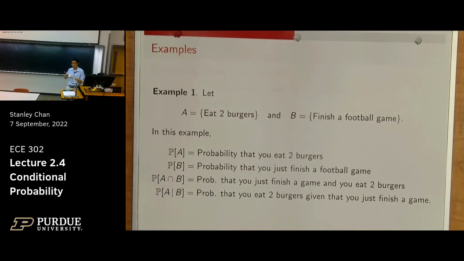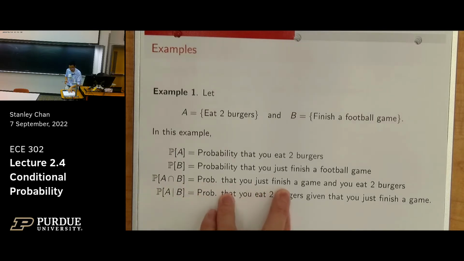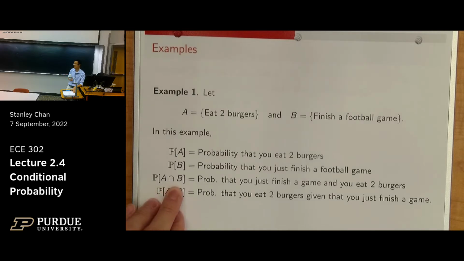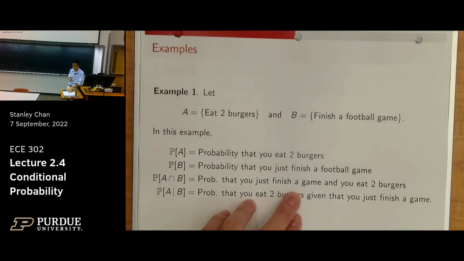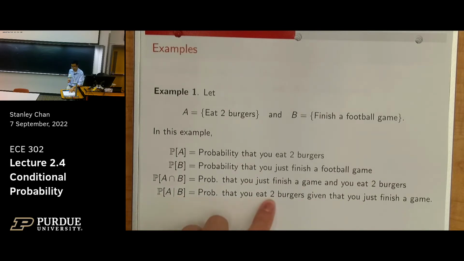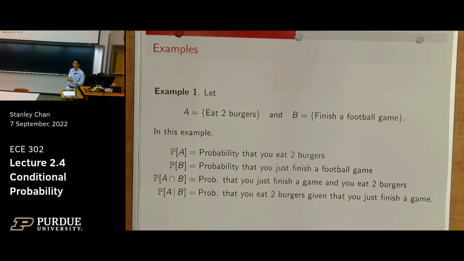Now, they could overlap. You can look at the probability that you just finish a game and you eat 2 burgers. That can happen. So you can look at the intersection of these 2 events, called A intersect B. That is going to be a smaller probability than the following one: that you eat 2 burgers given that you just finished a game.